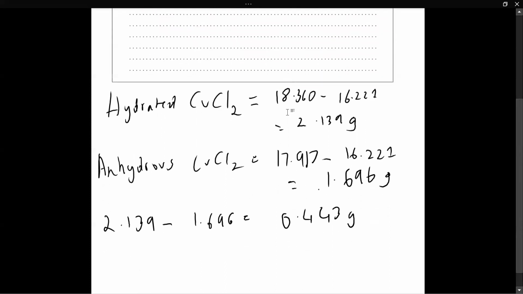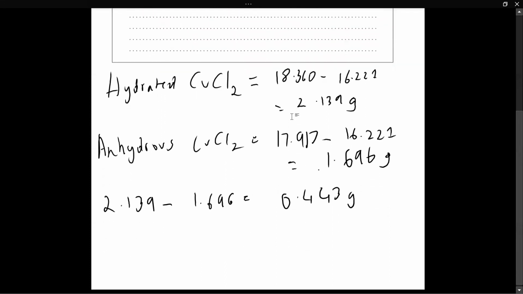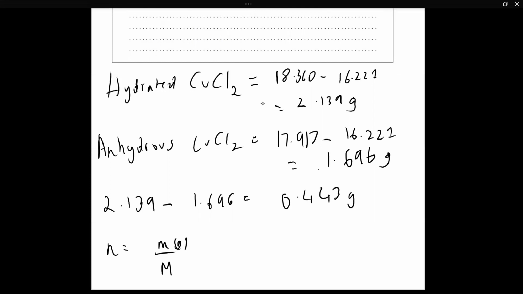Now that we have found out the mass of the water that evaporated, we can actually find out the number of moles of water that were in the hydrated copper 2 chloride. And we know how to calculate moles. We know the formula for moles. It is n is equal to m over M. Now, the small m over here is mass in grams, and the big M is the molar mass.